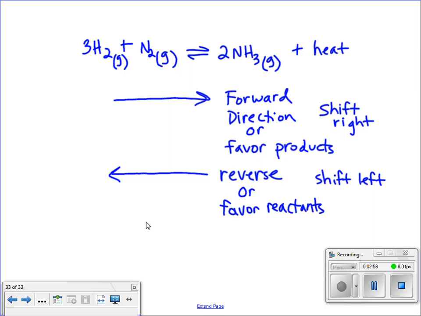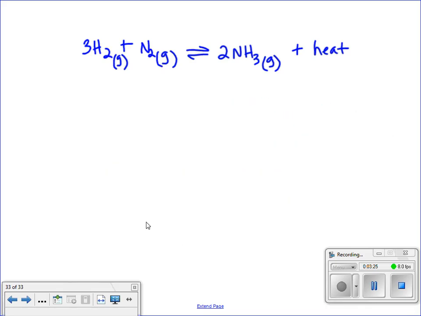So what sorts of things can disrupt a system that has already reached equilibrium? A system that's already reached equilibrium, the concentrations of reactants and products will not change unless you add something in or put a stress on the system that changes the equilibrium system as established. So what does that mean? Well, the three things that affect equilibrium are number one, concentration.